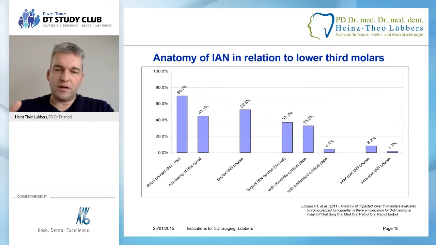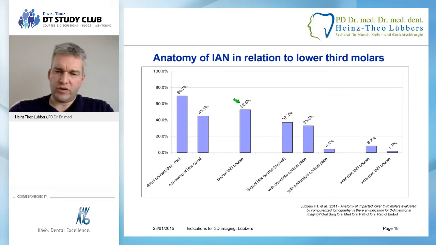So why is cone beam CT for wisdom teeth a topic? The anatomy of the inferior alveolar nerve in relation to lower third molars is not very constant, let's say, or in other words, it's constant that it's totally inconsistent. You usually find the nerve on the vestibular side or vestibular apical, but that's only about 52% of the situations. This is all wisdom teeth that in the panoramic view have an overlap between the nerve and the roots.